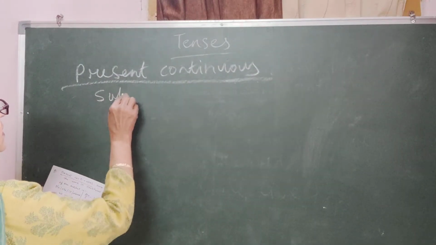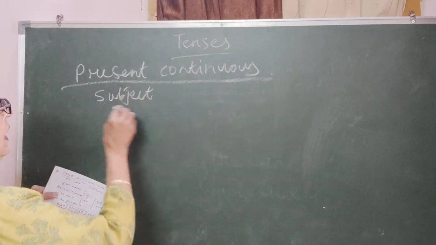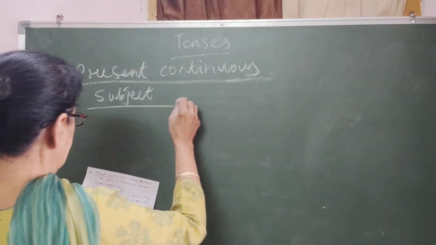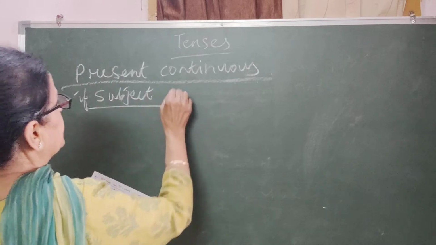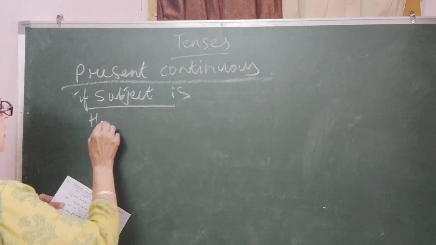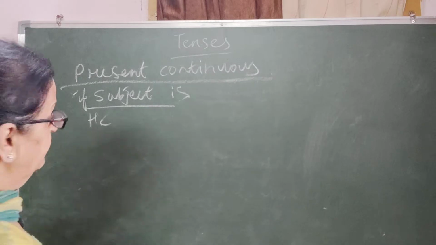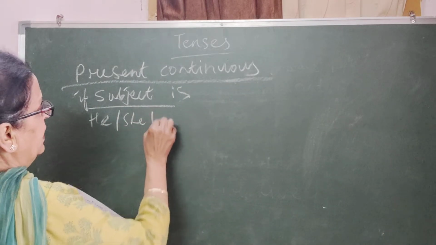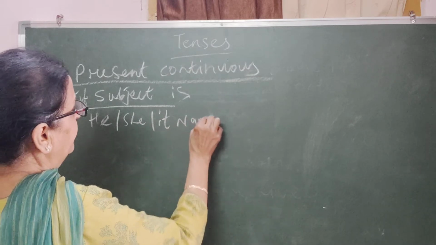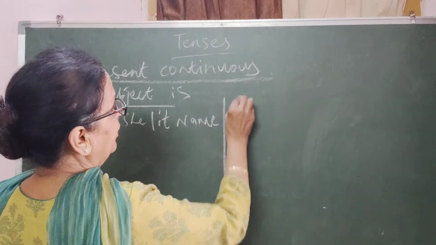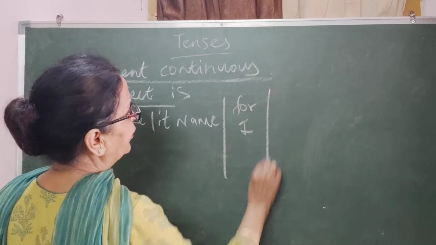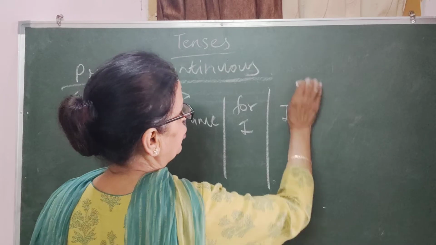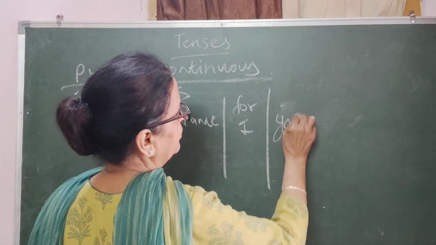Again the rule is the same. The verb depends on the subject. If the subject is he, she, it, or a name, then for I it is always different in case of continuous tense, and I, you, we, they.